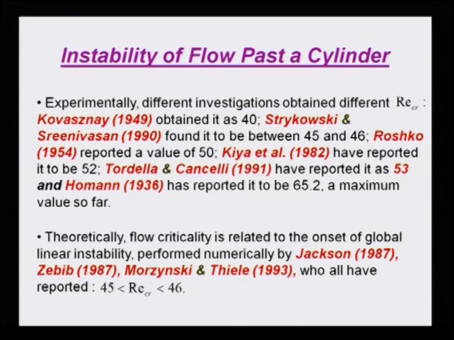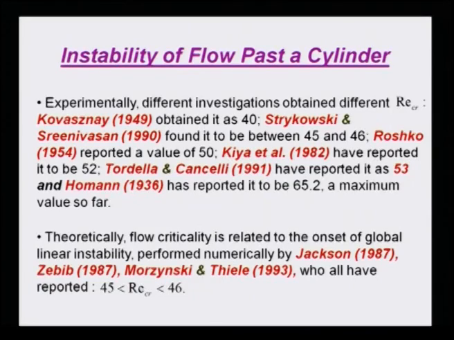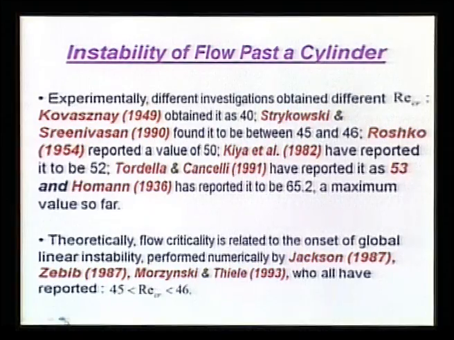The tunnel experiment that I showed you at the beginning of this lecture, on that particular tunnel I think you can even get vortex shedding at a Reynolds number as low as 40. So, there is no need to really think anything particularly about this particular work.